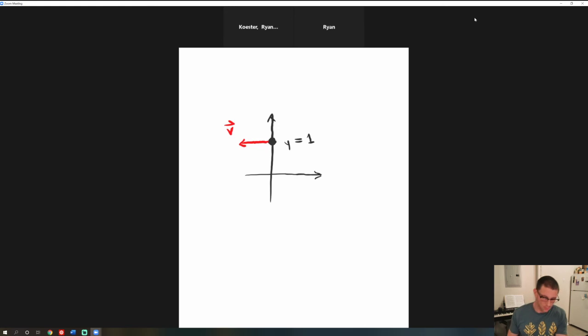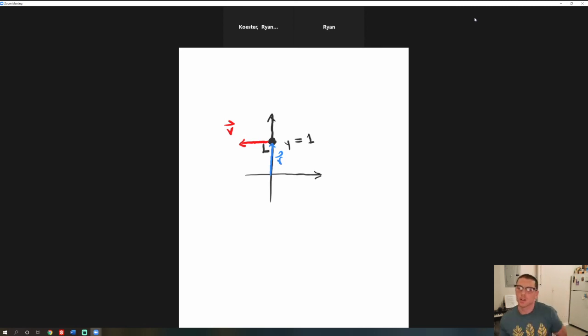Remember the position vector takes us from the point about which we'd like to calculate the angular momentum to the location of the object whose angular momentum we'd like to calculate. So my position vector looks like this, and the angle between v and r here is just 90 degrees.